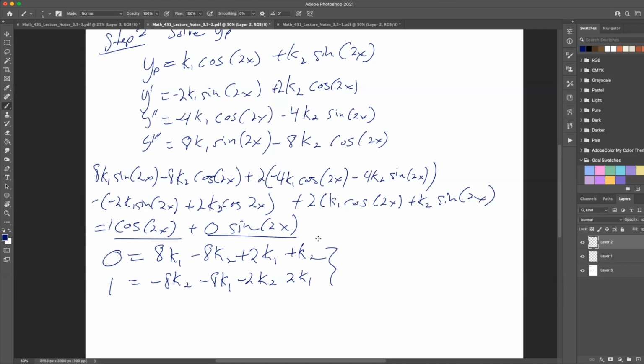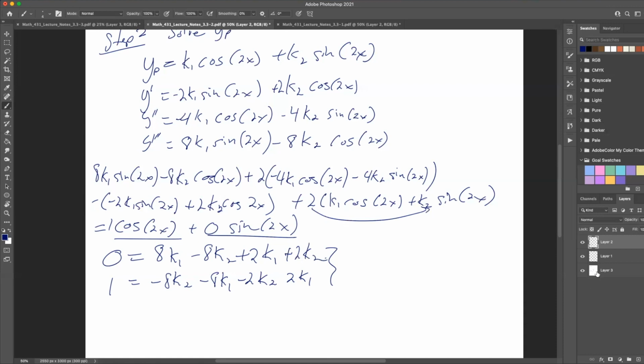For the sine, 0 equals 8k1 minus 8k2 plus 2k1. It should be 2k2 at the end there, right? Oh, yes, thank you. Yes, because the 2 would go into that. Thank you.